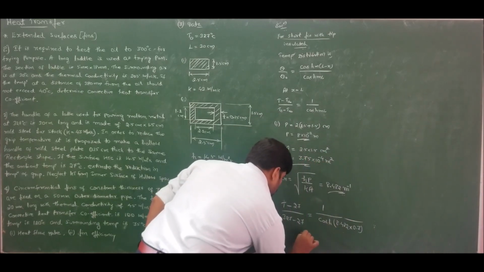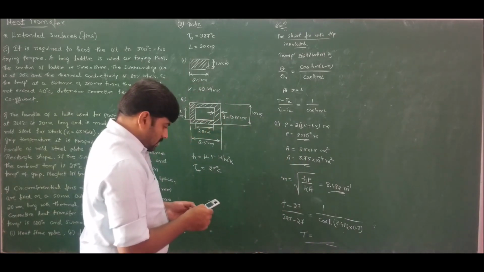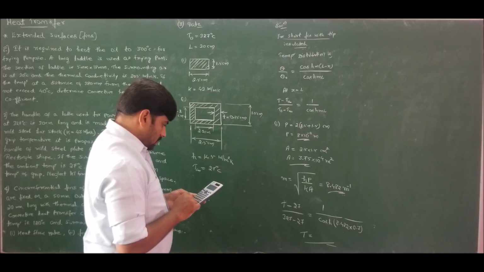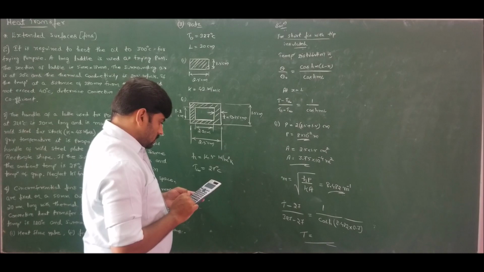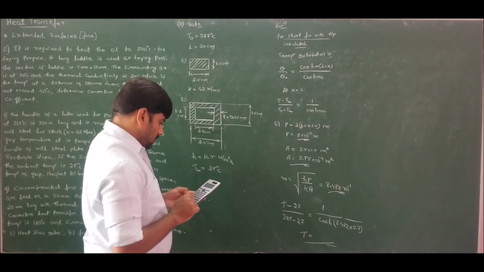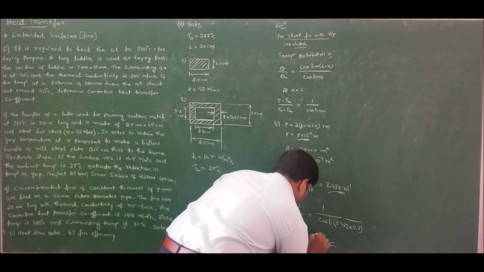So therefore, temperature at the grip for case 1 will be 1 by cos hyperbolic of 8.482 into 0.3, into (327 minus 27) which is 300, plus 27. The answer is 73.81 degrees Celsius.